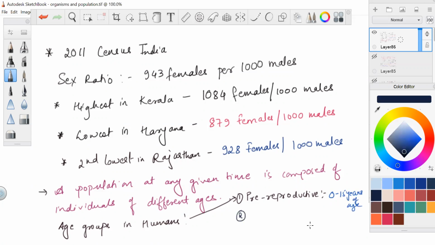Second, reproductive, again 15 to 45 years of age. Third, post-reproductive. Pre-reproductive, reproductive and post-reproductive.